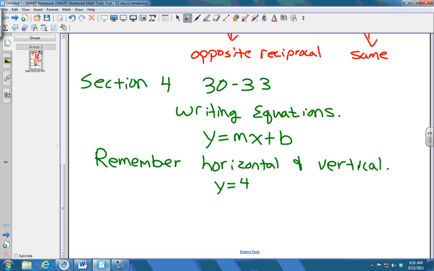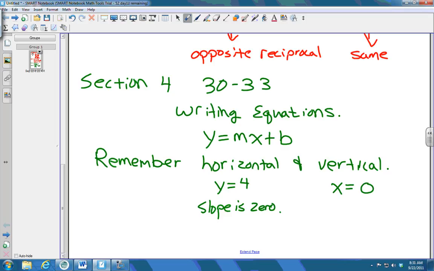So if it's a horizontal line, that's what your equation should look like. Y equals whatever y is. Slope is 0 on those. So if the problem flat out tells you the slope is 0, that should mean something to you. If it says that on the test, you have to know that is a horizontal line, and all I need to do is write y equals whatever y is.